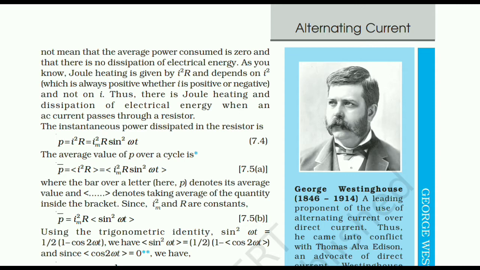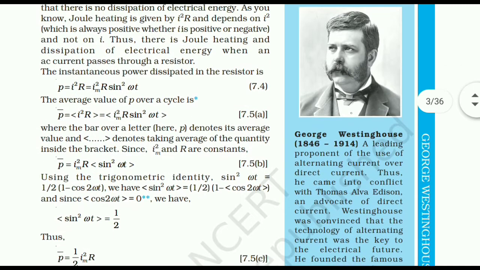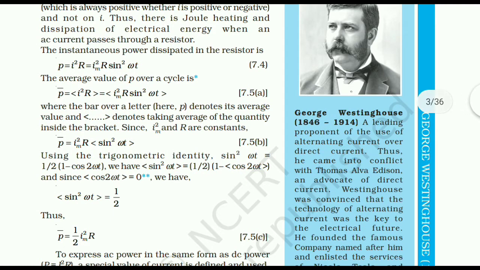The average value of P over a cycle is P̄ = ⟨I²R⟩ = ⟨Im²R sin²ωt⟩, where the bar over the letter denotes its average value and the brackets denote taking the average of the quantity inside the bracket. Since Im² and R are constant, P̄ = Im²R ⟨sin²ωt⟩.